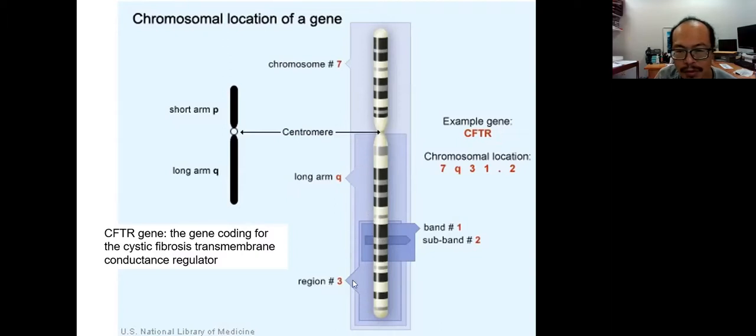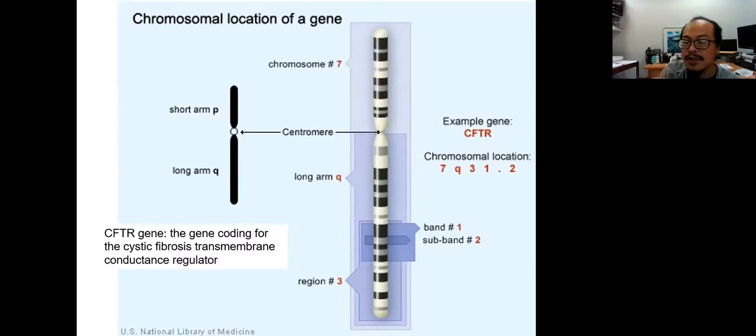So it's in region 3, and within that, segment 1, and within that, 1, 2. So it's 7q31.2. So we can give an address to each gene.